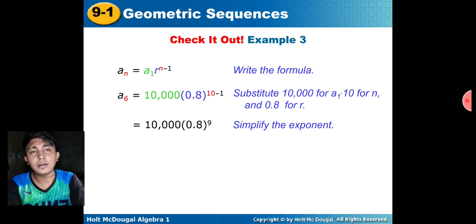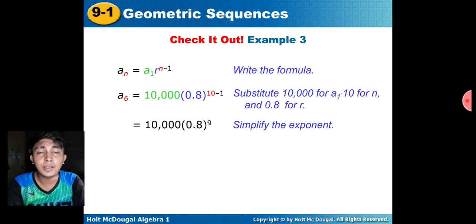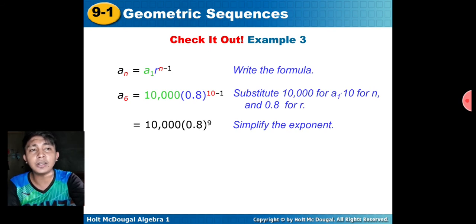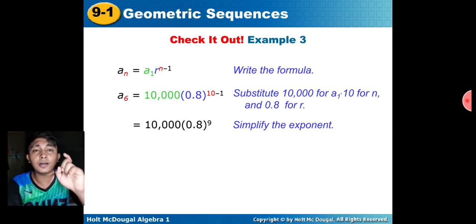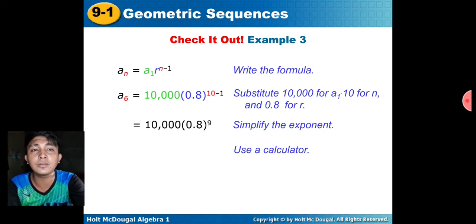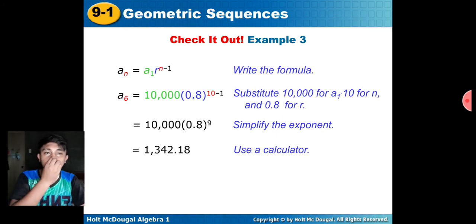So we have 10,000 times 0.8 raised to 9. Now, we use the calculator kasi a number raised to 9 exponent is medyo malaki siya kapag whole number yan. Mas mahirap pa siya kasi decimal number. Usually, dito tayo nagkakamali kapag decimal number na yung multiply sa kanyang sarili. Just to have an accurate answer, use your calculator.